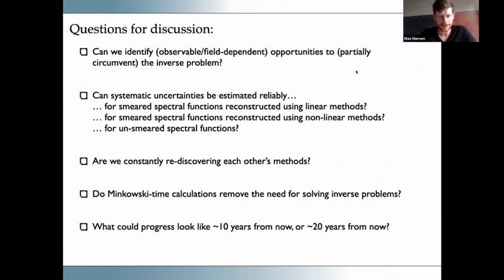Exactly. I remember we also thought about this in the context of our work on inclusive D decays and the hadronic tensor. The kind of funny observation there is that the lattice calculation has a reduced symmetry relative to the infinite volume continuum that you want to describe. What that means is you have kinematic choices on the lattice that would all be redundant in the infinite volume continuum.